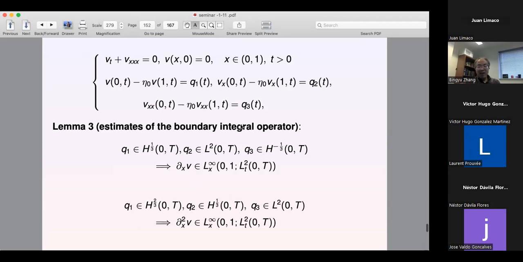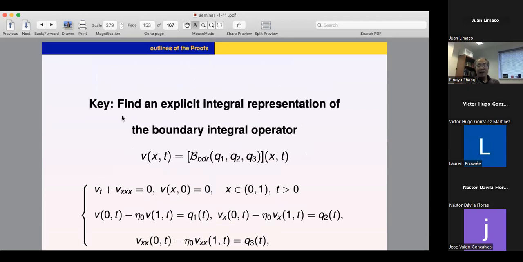We say, okay, but is there any way we can find explicit integral representation of this boundary integral operator? So that's the key. We want to find the explicit integral representation of the boundary integral operator. With that kind of like use the Fourier transform, right? But we cannot use Fourier transform.